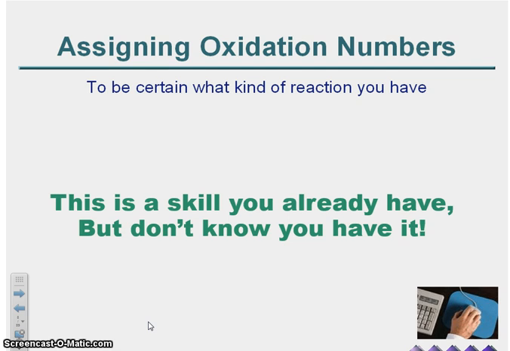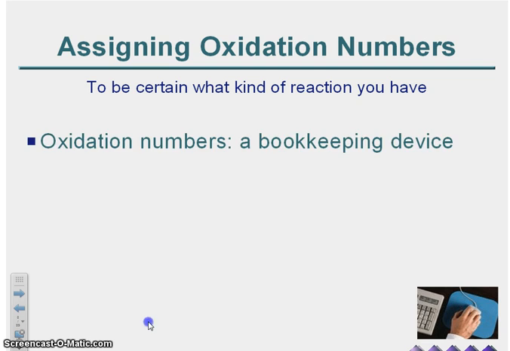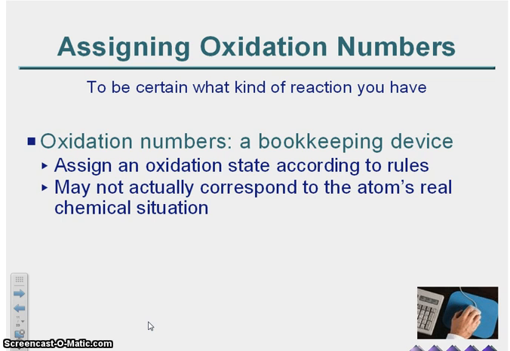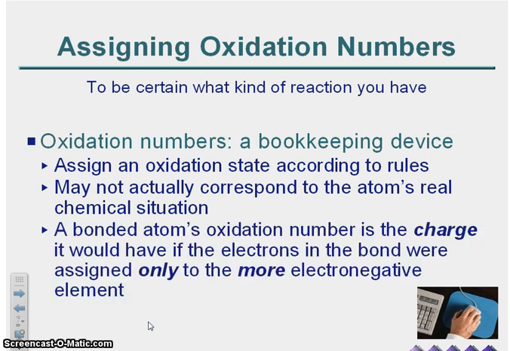You actually probably already know how to do this. You just don't know that you know how to do this. Oxidation numbers are a bookkeeping device for chemists. We assign oxidation states to elements in compounds or free elements according to specific rules. They may not, and often don't, correspond to the atom's real chemical situation.